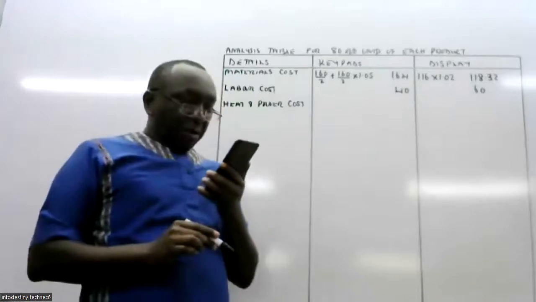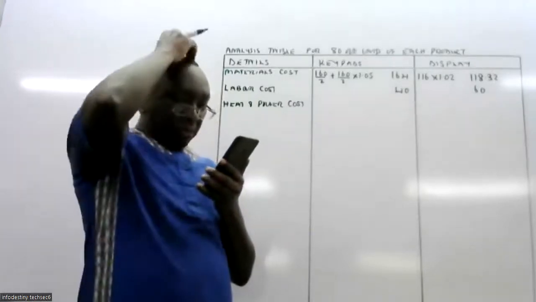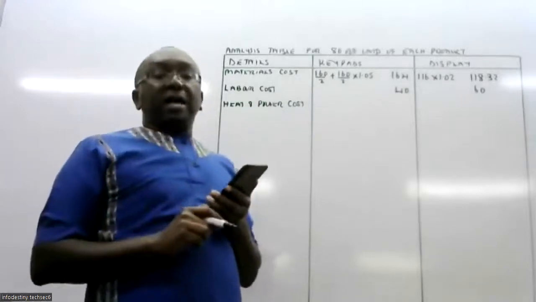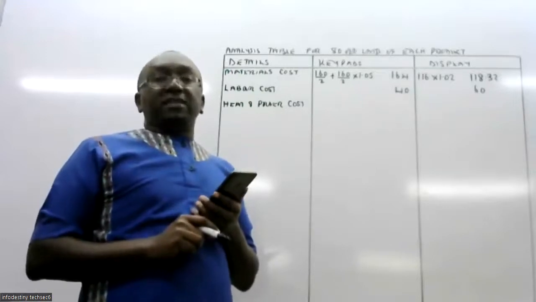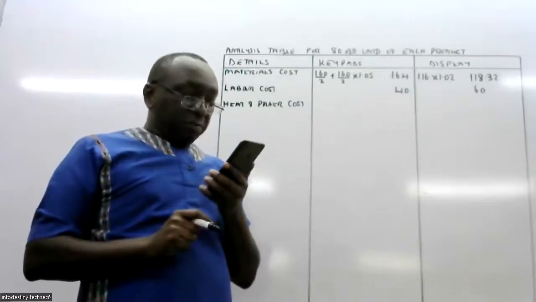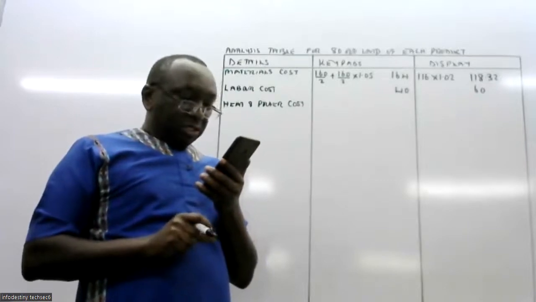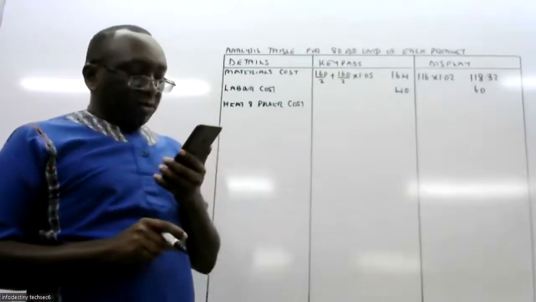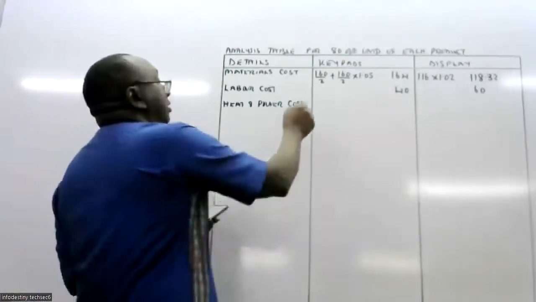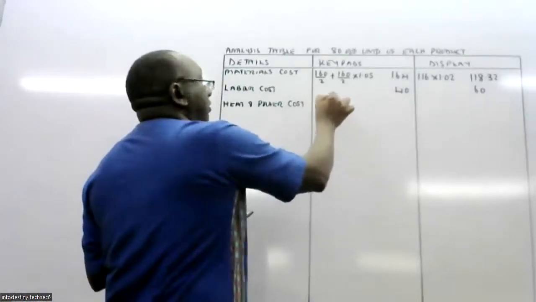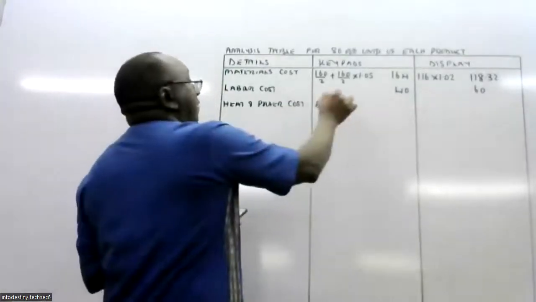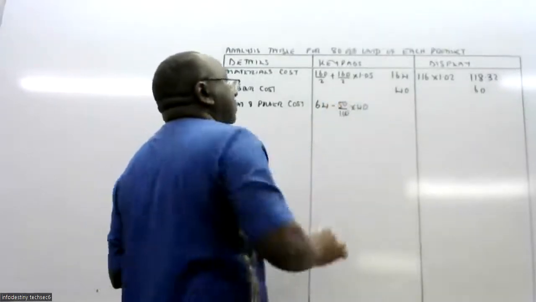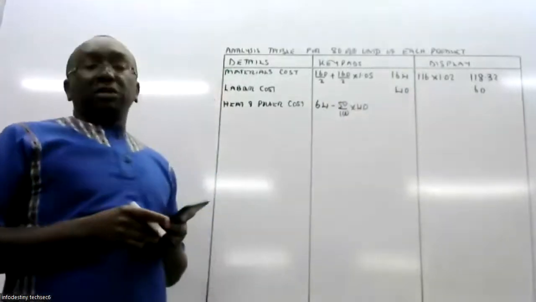Now in the heat and power, we are told there is an apportionment of the general cost. Now the word apportionment and the word general, they refer to irrelevant costs. So those ones should be removed. And we are told that apportionment is 50% of labor. So what then we shall do, we go there to 64. Now this 64, we reduce it by 50% of labor, which was 40. Because that is irrelevant.